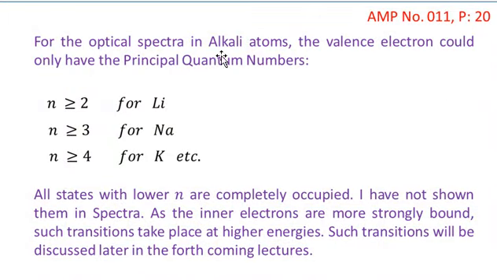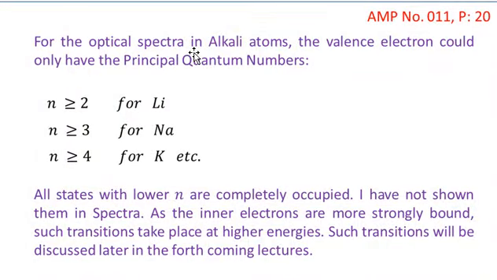For the optical spectra in alkali atoms, the valence electron could have only certain principal quantum numbers. These quantum numbers are listed as far as we are concerned with the optical spectra of the alkali metal atoms, that is, the spectra in the visible region.